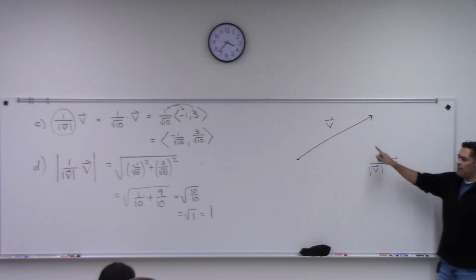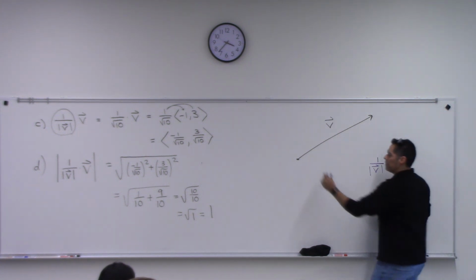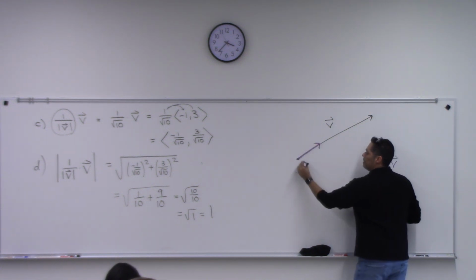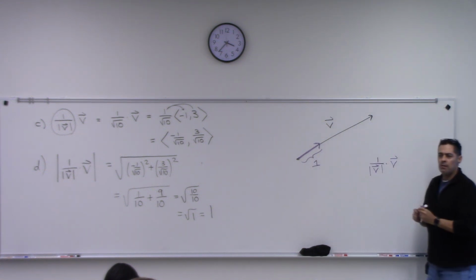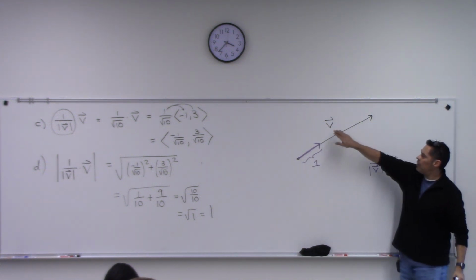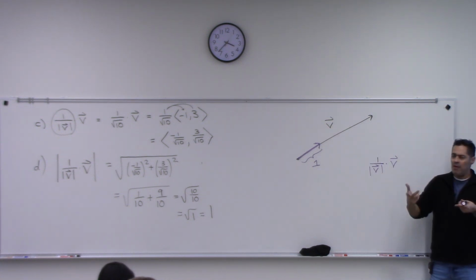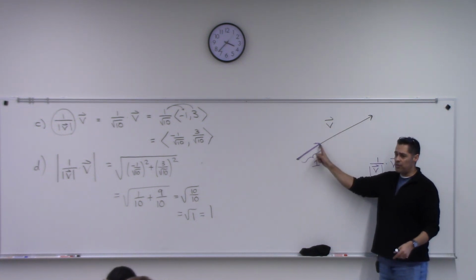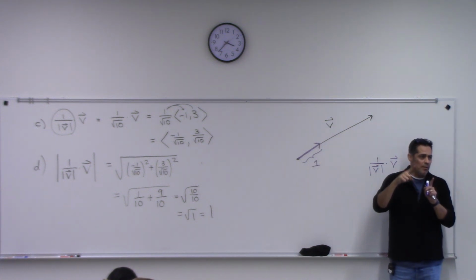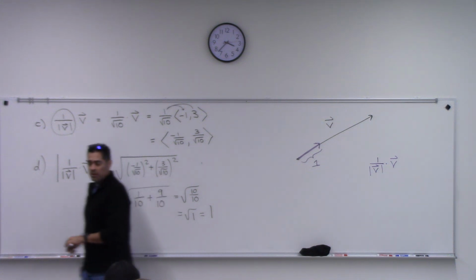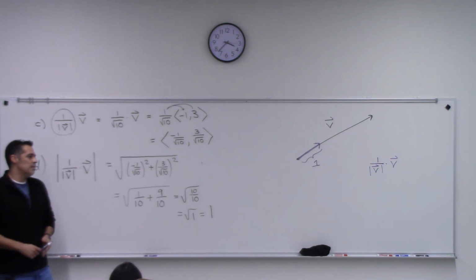This vector points in the same direction as the original vector, but it has the very nice property that the length of it is 1. So anytime someone gives you any vector, you can always calculate this. It will generate a vector that points in the same direction, but only has a length of 1. And we call vectors that have a length of 1 unit vectors. And those turn out to be very important.